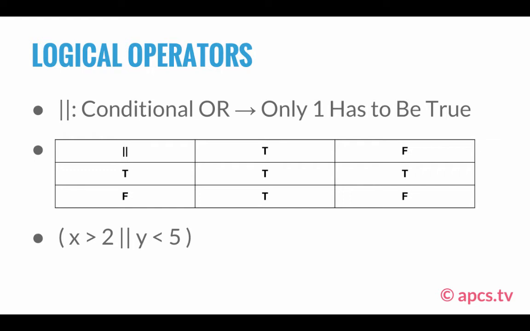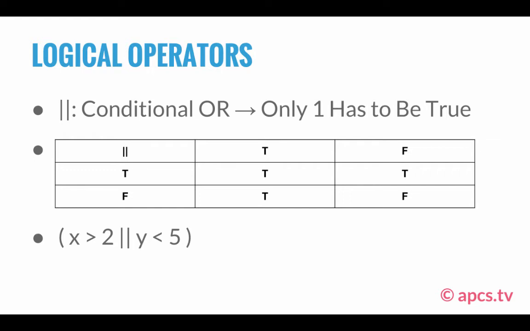If x is greater than 2 is false, that's alright. If y is less than 5 is true, then the statement will evaluate to true. The only way that such a statement can evaluate to false is when both conditions that are part of the complex condition are false.